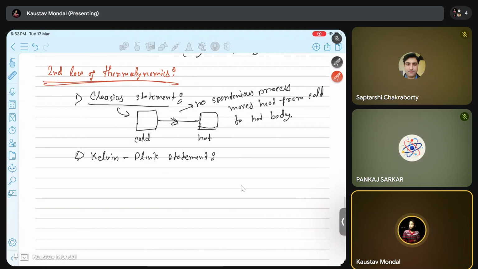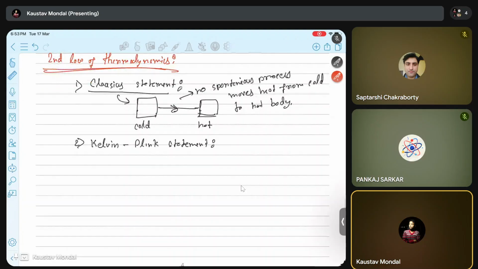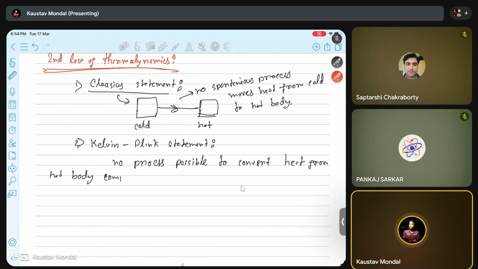This statement says that no process is possible which absorbs heat from a reservoir and converts it completely to work. So no process is possible to convert heat from a hot body completely to work.